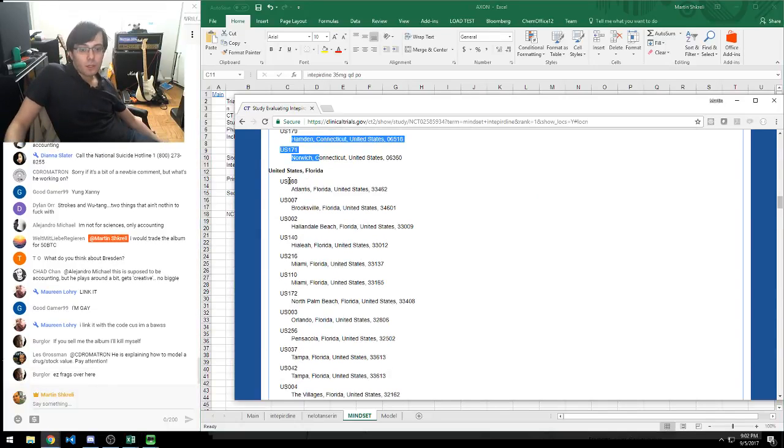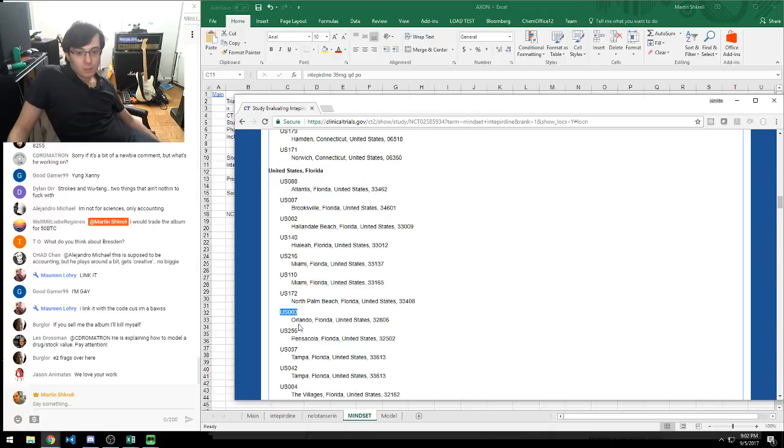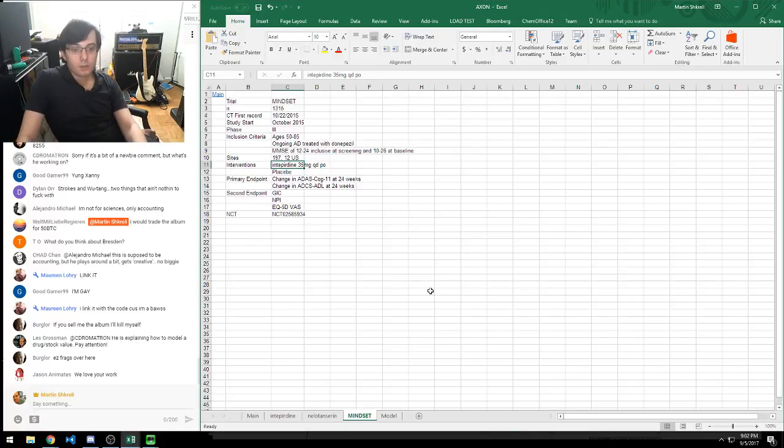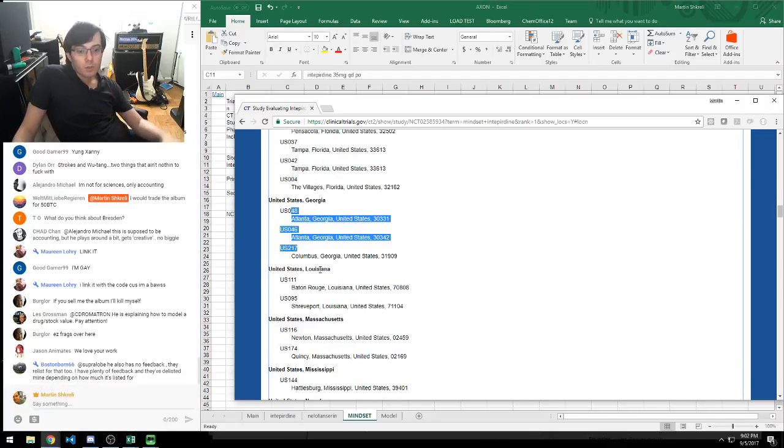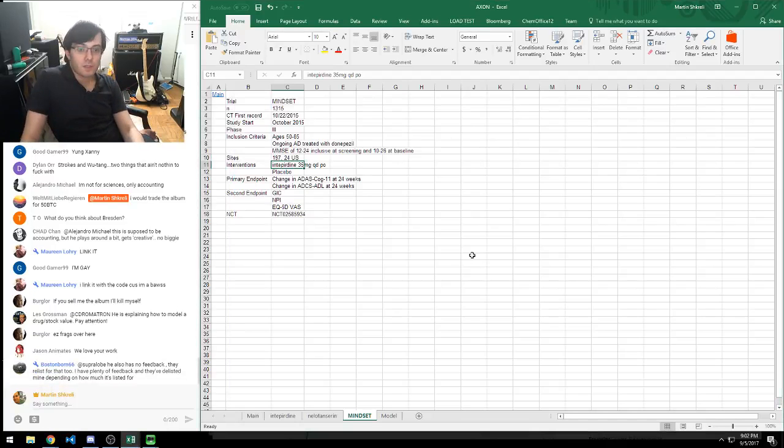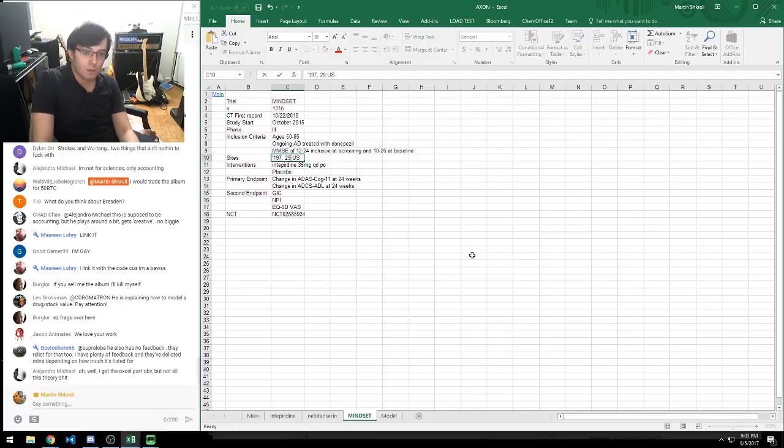A lot in Florida. Guess there's some Alzheimer's there. Another 12, and 12 and 12 is 24. 3 more in Georgia, 2 more in Louisiana, makes 5. That's 29.